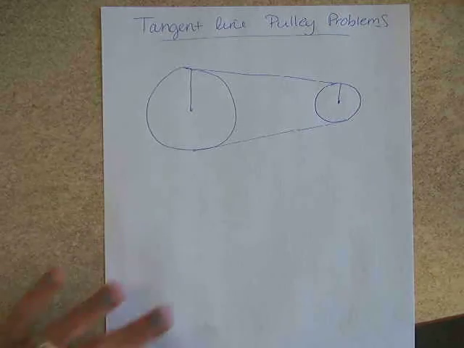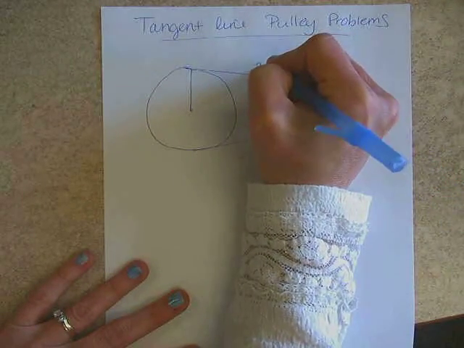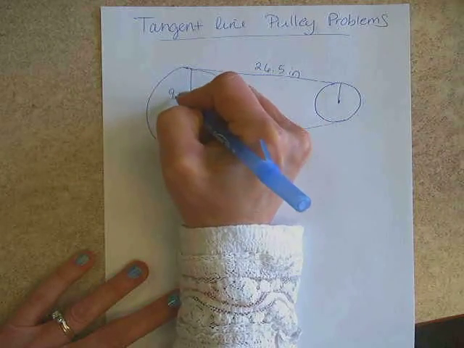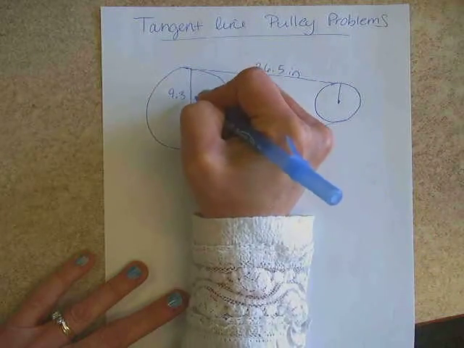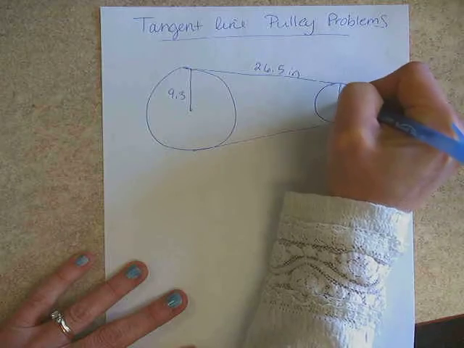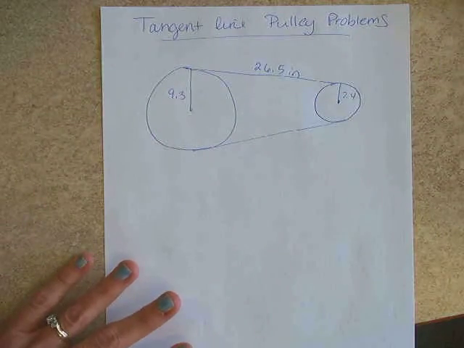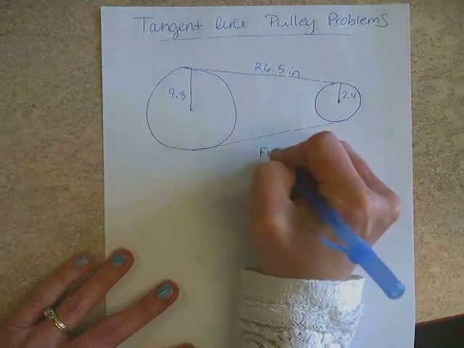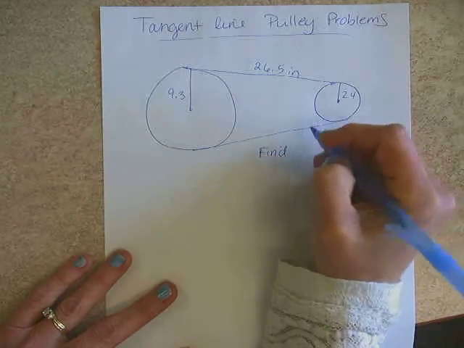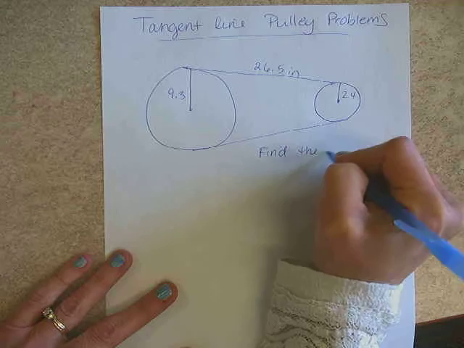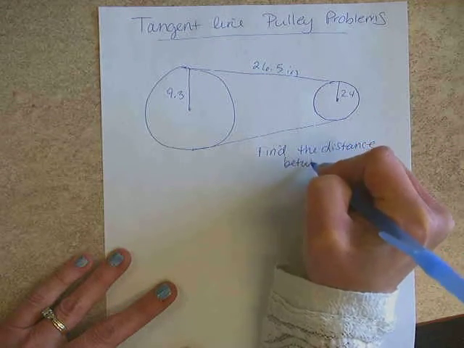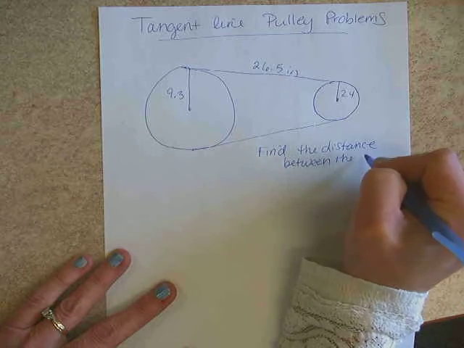We know the distance of one tangent. We know the radius of both circles. And the problem is to find the distance between the two centers.